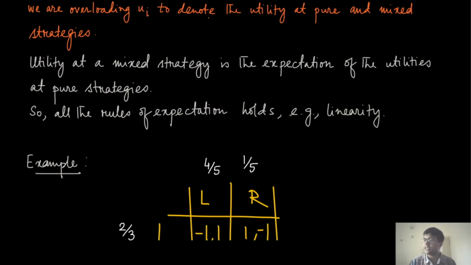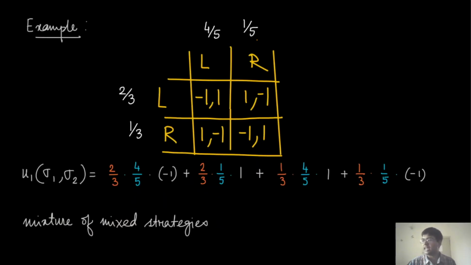As we just said, the utility at a mixed strategy profile is going to be the expectation of the utilities at those pure strategies, and because it's an expectation, all the usual rules of expectation will also hold. For instance, linearity of expectation, that is something that we'll be using very often whenever we are talking about mixed strategies. So let's talk about an example to understand the idea of pure strategy and mixed strategy better.